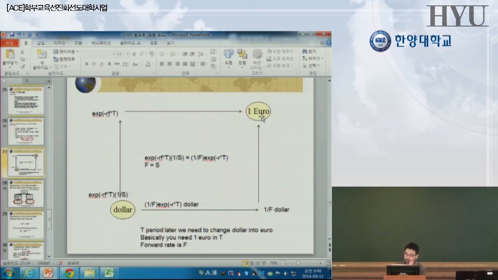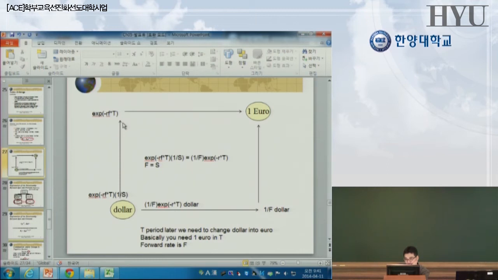Wait, just 1 euro. So 1 euro is this dollar. 1 dollar becomes 1 dollar S. It becomes 1 over S euro.